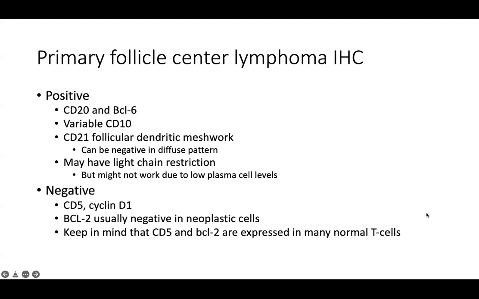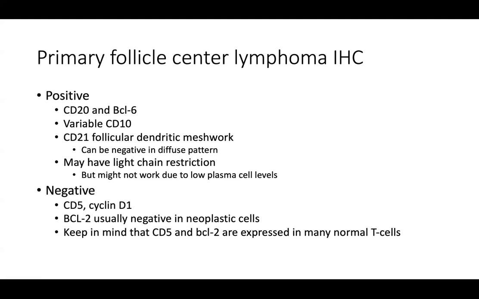So don't rely on the plasma cells when you're working these things up. In reality, you should be able to look at the actual B cells themselves as opposed to the plasmacytic differentiated cells, which are derived from B cells, obviously. They're producing antibodies. However, you may have very low levels of plasma cell differentiated cells within a follicle center lymphoma.